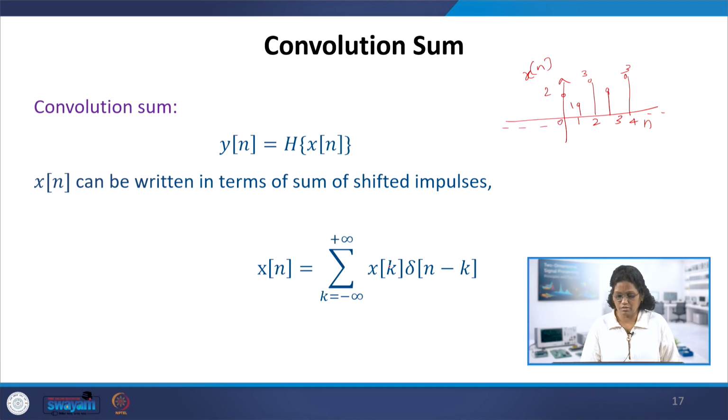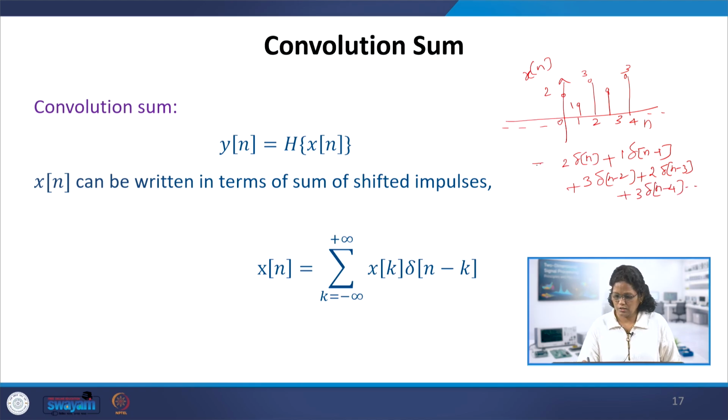If I put k equal to 0 here, and take 0 for the negative time indices, we get x of 0, which is 2, into del of n, plus x of 1, that is 1, into del of n minus 1, this is a shifted impulse, plus 3 into del of n minus 2, plus at this point 2 del of n minus 3, plus 3 del of n minus 4.